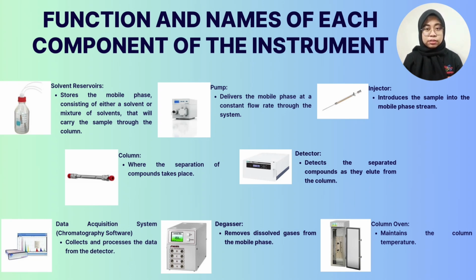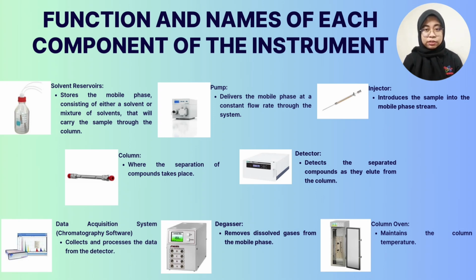The solvent reservoir is used to store the mobile phase, which may consist of a single solvent or a mixture of solvents. This mobile phase carries the sample through the system. The pump is crucial for delivering the mobile phase at a consistent flow rate, ensuring smooth operation.